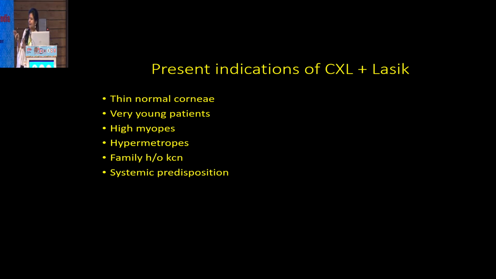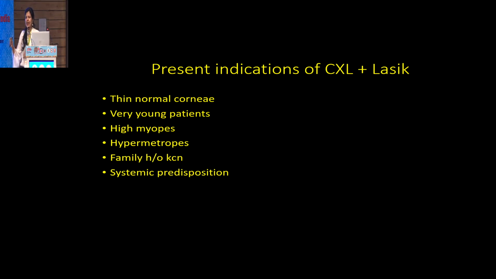Now, what are those cases? Basically, the patients who are considered good candidates are those who have an absolutely normal cornea, but a thin cornea, so that if you want to do an ablation and feel safe about it, you can add CXL to the procedure. Also very high myopes who may require a high dioptric correction, because we know that these patients tend to regress or may go into ectasia even with an apparently normal cornea.